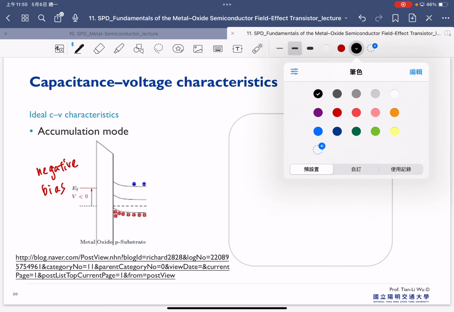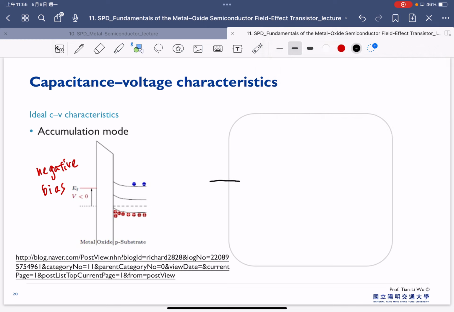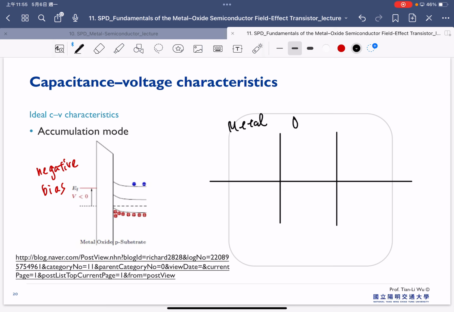So still the same, we would prefer to use a charge distribution to understand the CV characteristic, where we have the metal, the oxide, and the P substrate here. At this point, because we apply negative bias, we can be pretty sure that there's a negative charge, which is minus Q here.